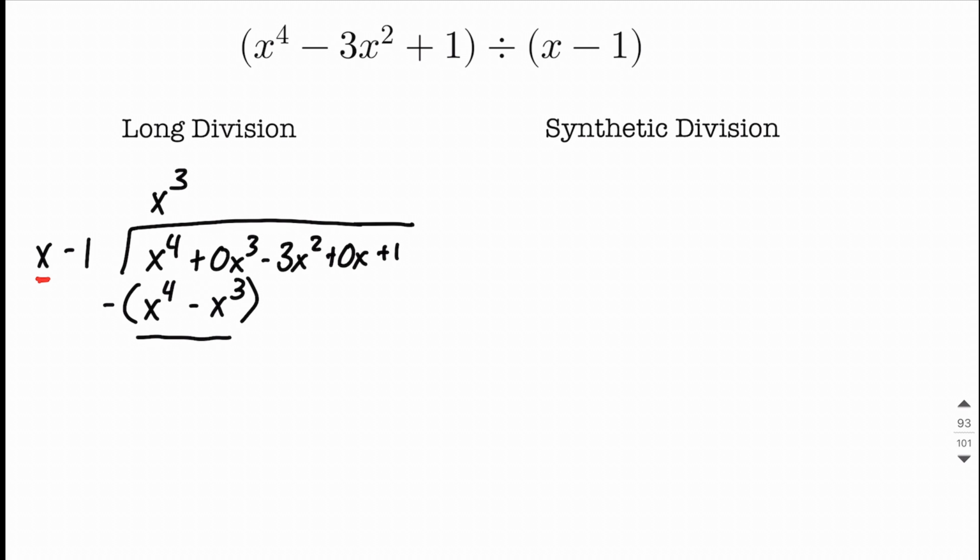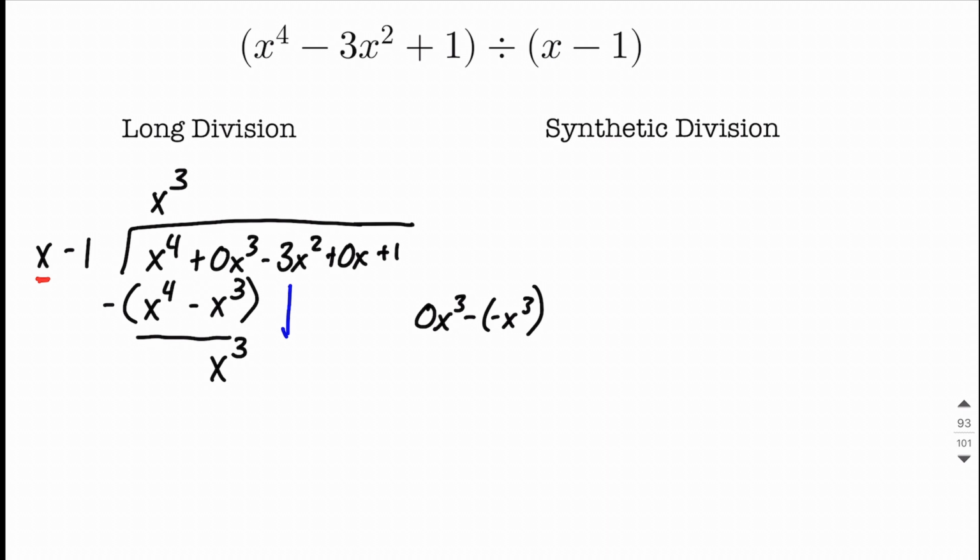But then we have to be wary about the 0x cubed minus a negative x cubed. I find writing these horizontally next to each other is really helpful for students so they don't make the sign error along the way. So 0x cubed minus a negative x cubed makes positive x cubed, which is going to go below.